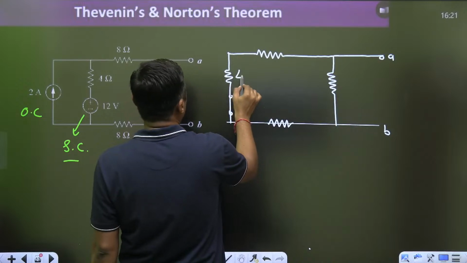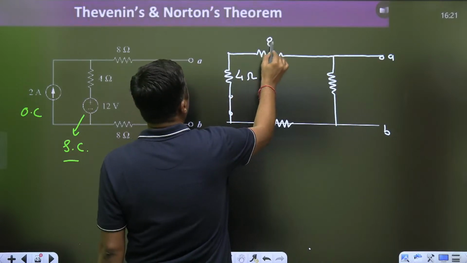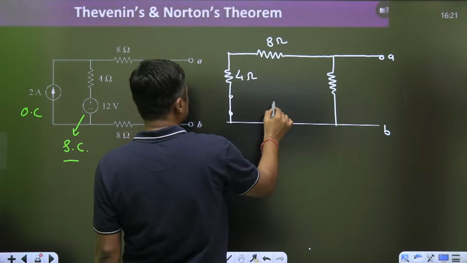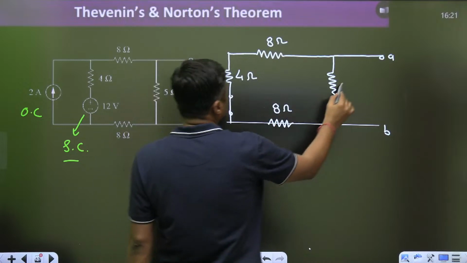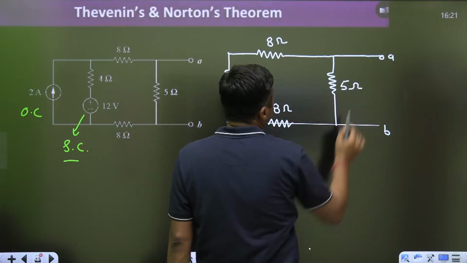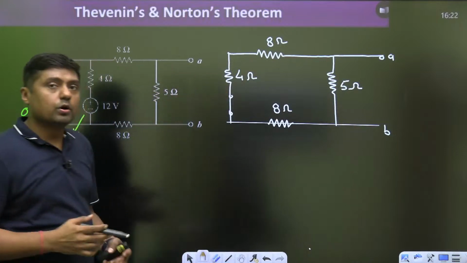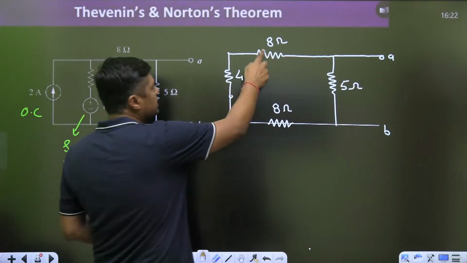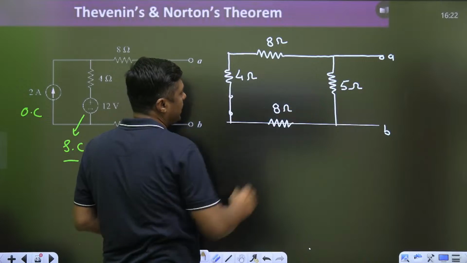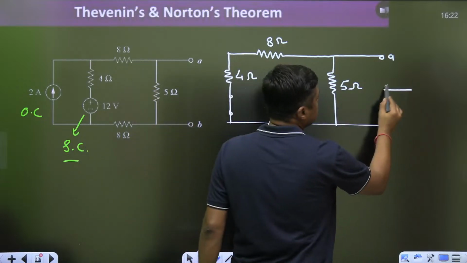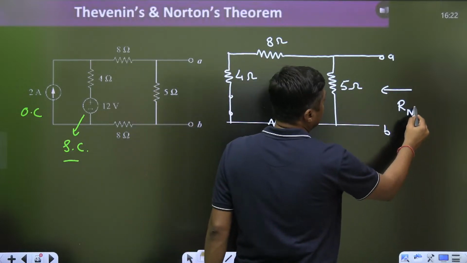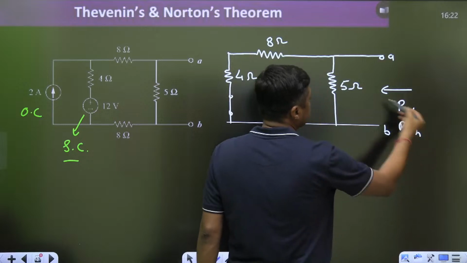So this is the 4 ohm, this is the 8 ohm, this is the 8 ohm, and that is the 5 ohm across AB. Okay, now these three resistors are in series and that is in parallel. So what is the resistance seen here? This is called Rn or it is also called RTH, resistance seen here.